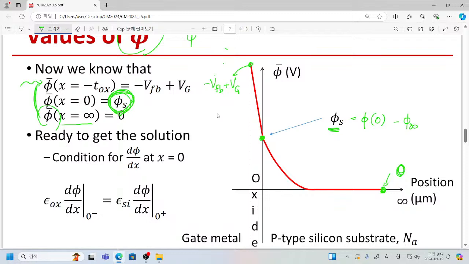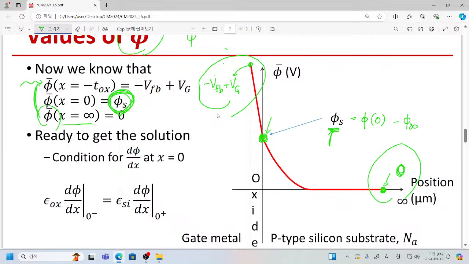So we have to understand that surface potential phi sub s is always already referenced to this deep substrate. Wow. So now we have two boundaries. We know this boundary and we know this boundary, and our goal is to calculate this phi s value.